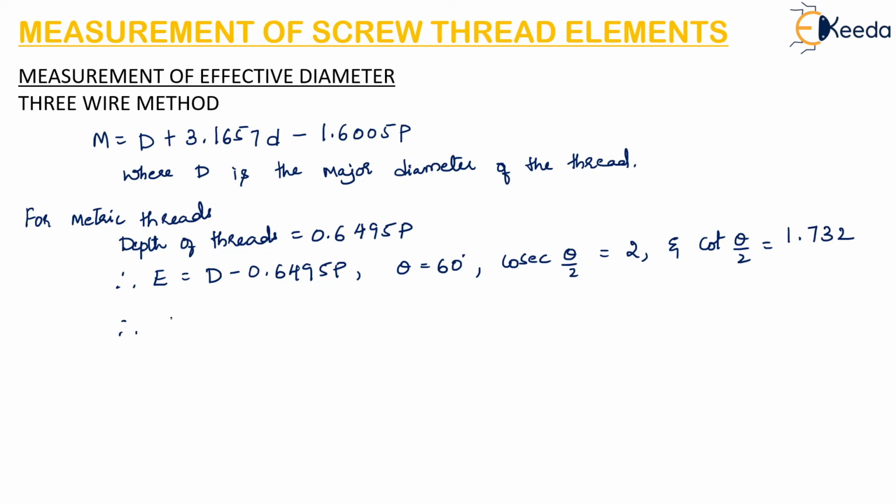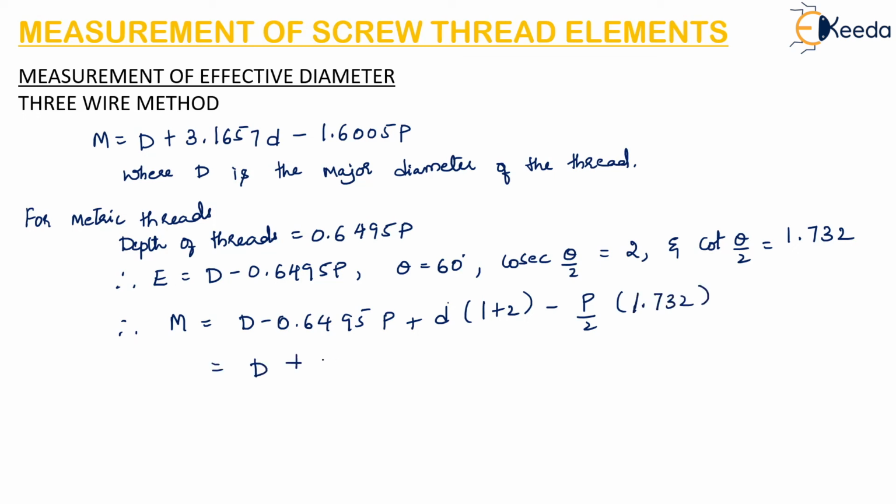So therefore m can be written as d minus 0.6495 p plus d into 1 plus 2 minus p by 2 into 1.732, that is 3d minus 0.6495 p plus 0.866 p, so by simplification we get this value.